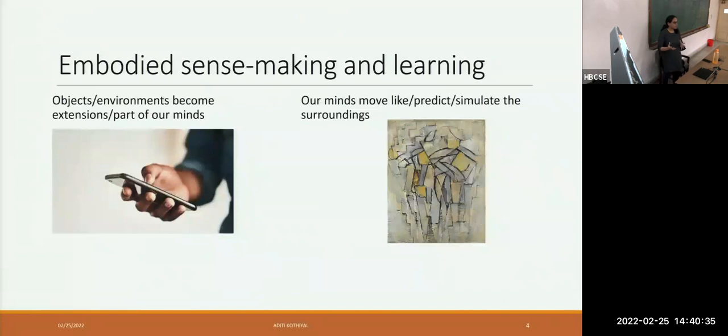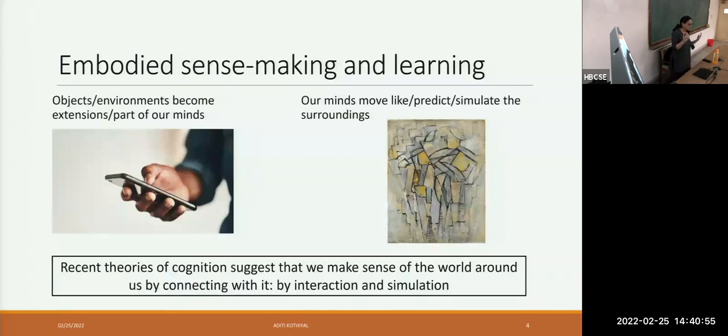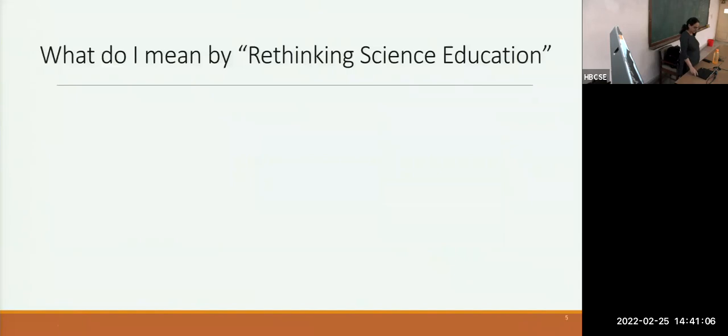And so the view of sense making and learning that we take is that objects and the environment become a part of or extension of our minds, and our minds move in the way of our surroundings, and they are able to simulate and predict the surroundings. So there are two processes by which we are making sense: interaction and simulation. This is what theory suggests might be the processes by which science learning is happening.